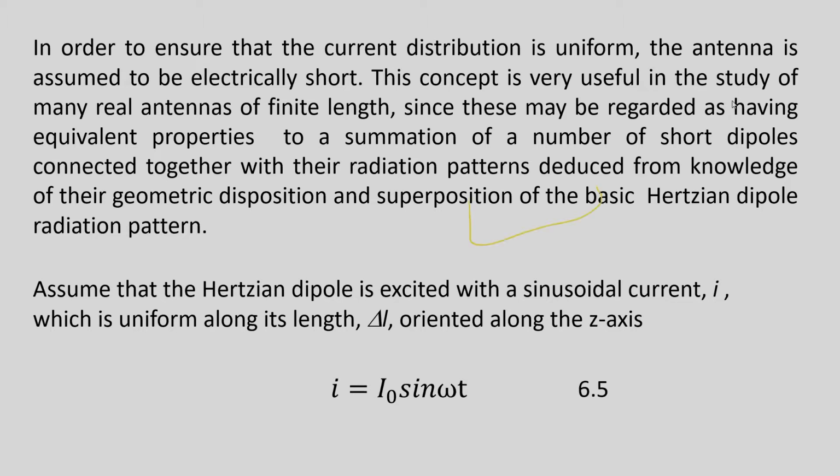So if we assume that the Hertzian dipole is excited by a sinusoidal current, which is uniform along its length, delta L, oriented along the axis X, you can see here we use an alternating current.